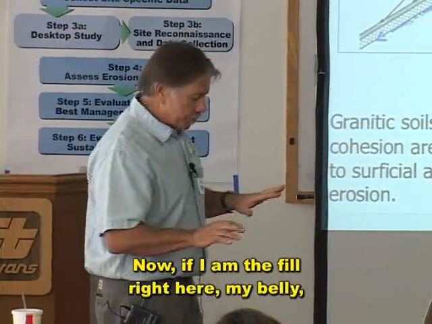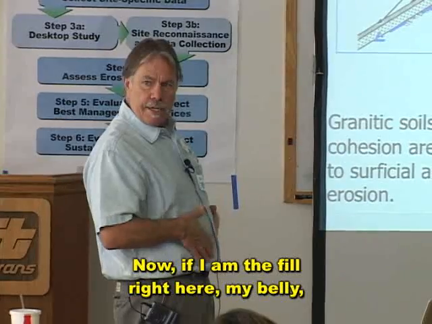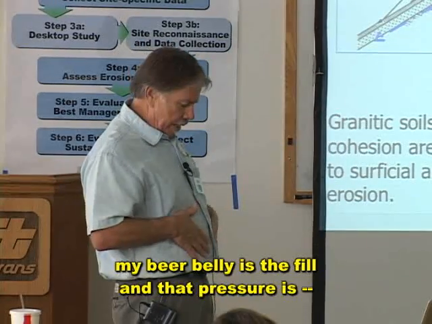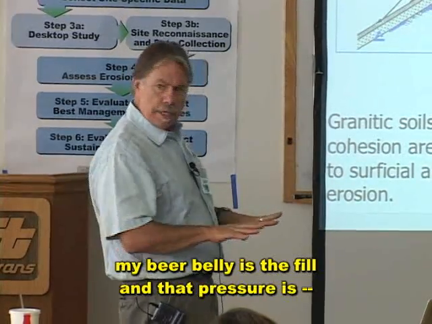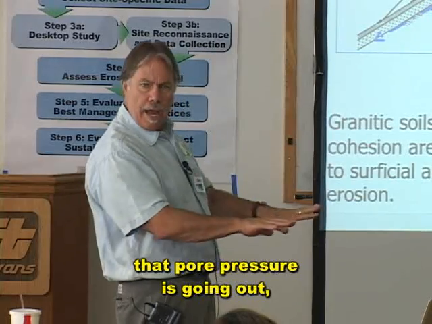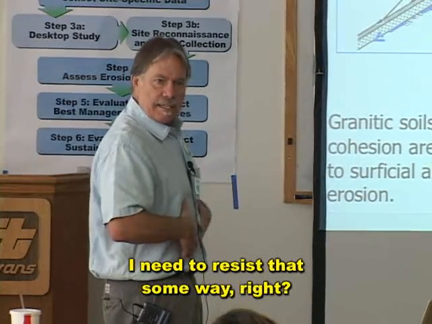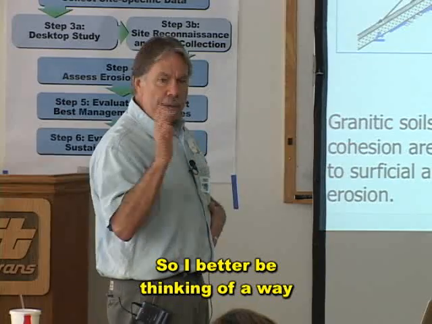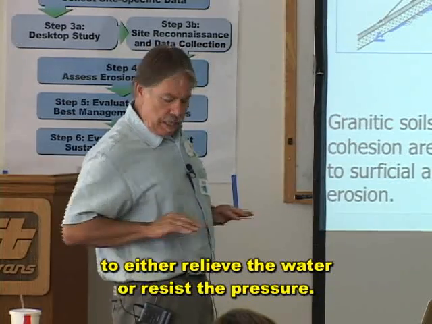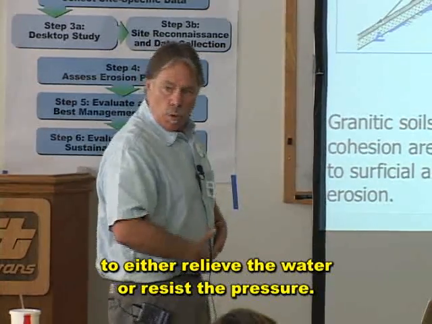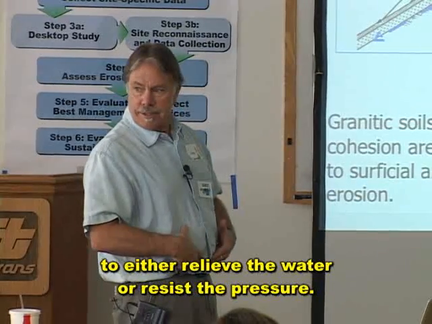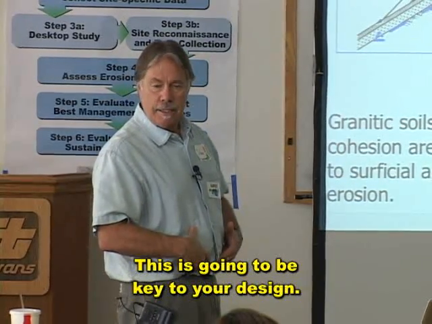Okay? Now, if I am the fill right here, my beer belly is the fill, and that pore pressure is going out, I need to resist that some way, right? So I better be thinking of a way to either relieve the water or resist the pressure. This is going to be key to your design.